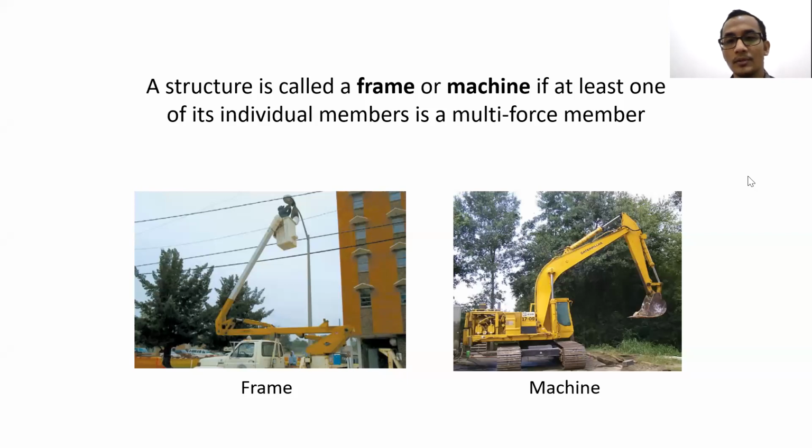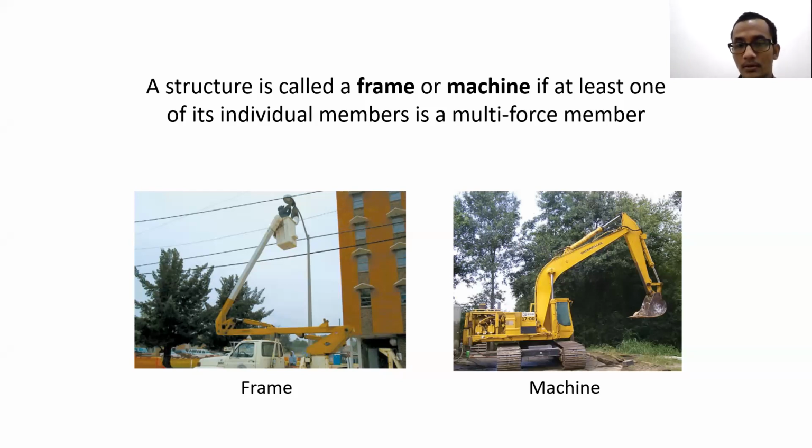The first thing that will be the main topic of the current exam is frame and machine. Frame and machine is a continuation from the previous topic, which is the truss.